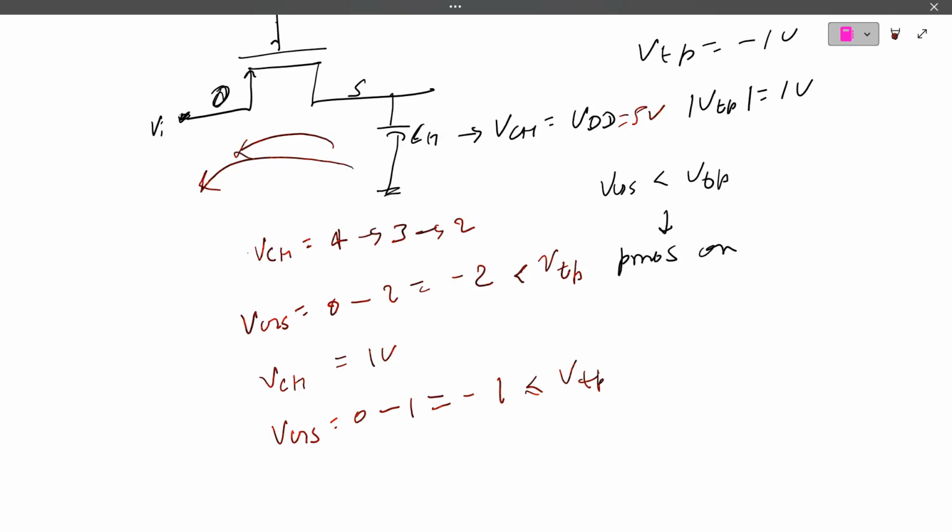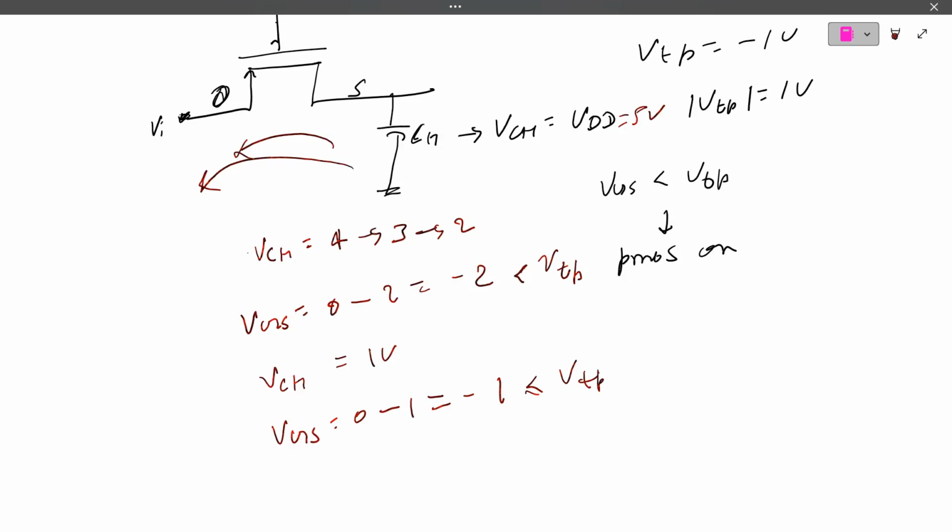In that case, the PMOS will turn off, current will stop flowing, and the capacitor will not discharge below 1 volt. So we can say PMOS is good for charging, passing the higher value, but not for discharging. It will discharge only up to VTP, not below VTP.